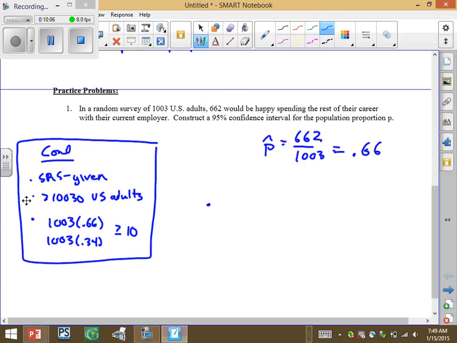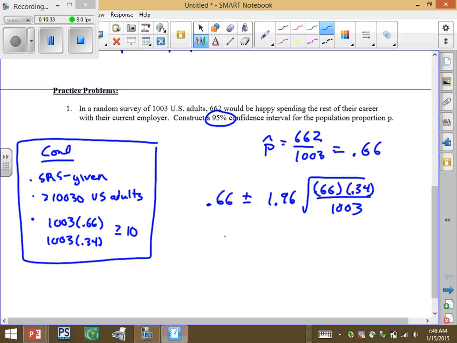So I'm going to go 0.66 plus or minus. For 95%, remember that z-star was 1.96. Then the square root of p-hat q-hat over the sample size, and now it's just a matter of plug and chug. So 0.66 times 0.34 over 1003, take the square root of that.